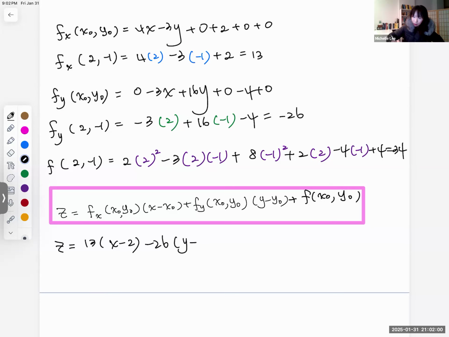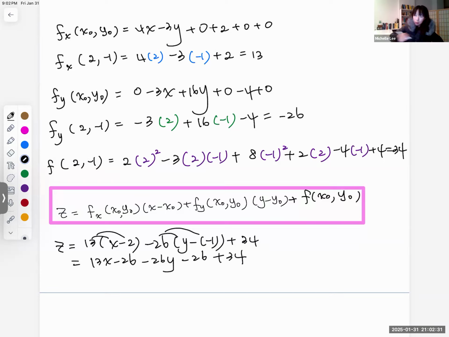And then y minus y naught, which is negative 1, plus, we evaluate the function, we have 34, right? Okay, let's simplify. So we distribute 13x minus 26, distribute. So we have negative 26y plus negative 26, yeah?